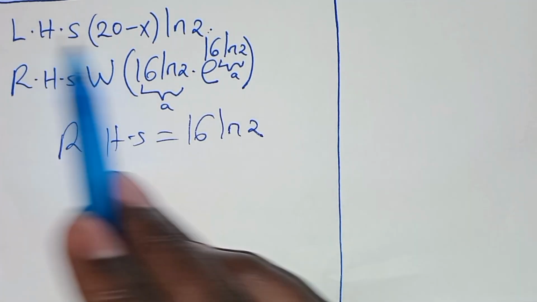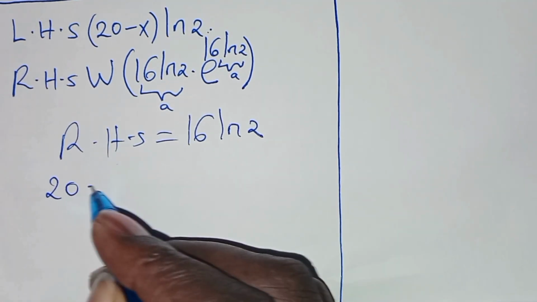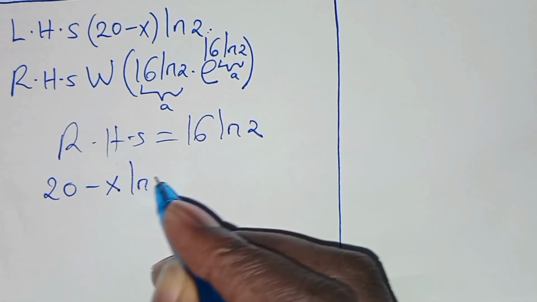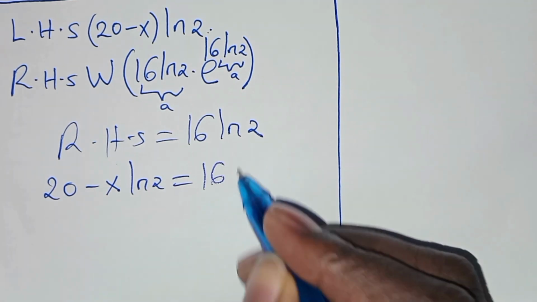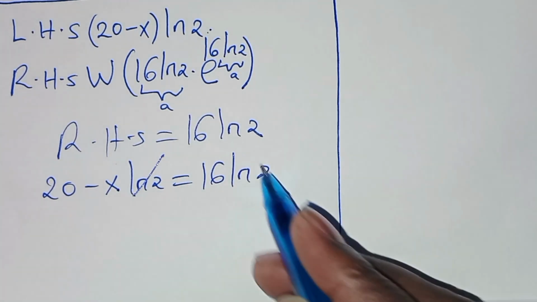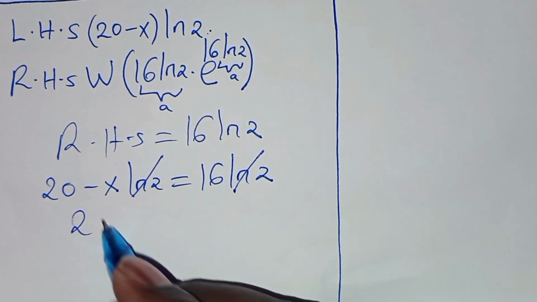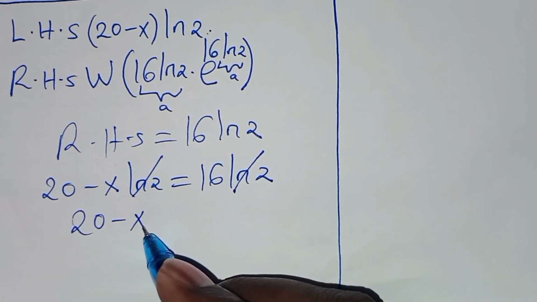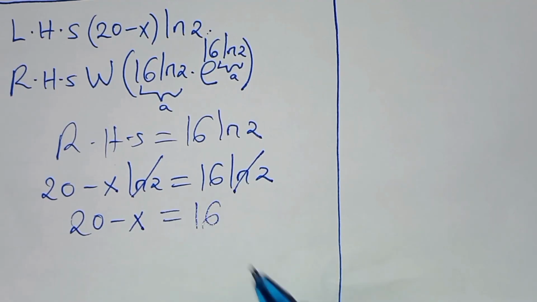So the left hand side, 20 subtract x natural log of 2, is equal to 16 natural log of 2. Now let's simplify by canceling natural log of 2, so that 20 subtract x is equal to 16.